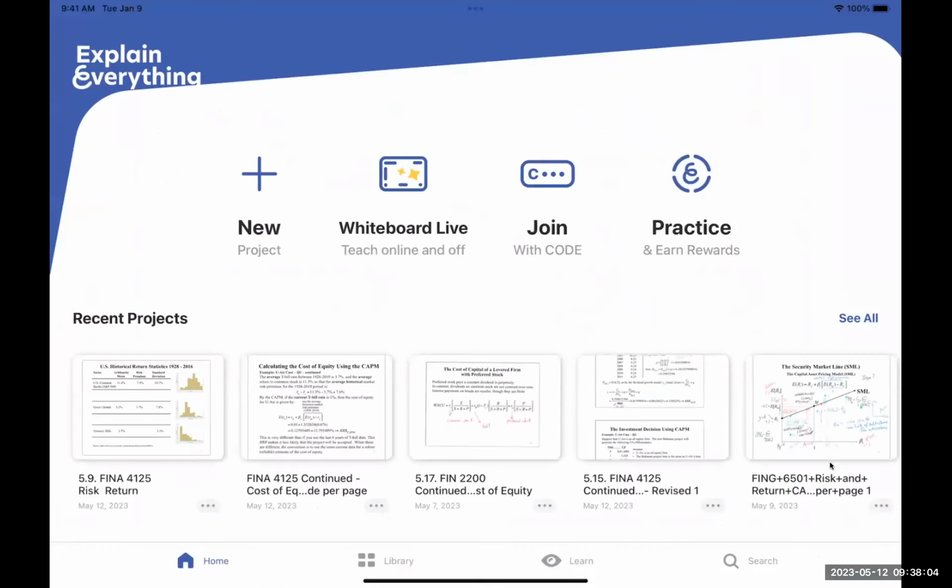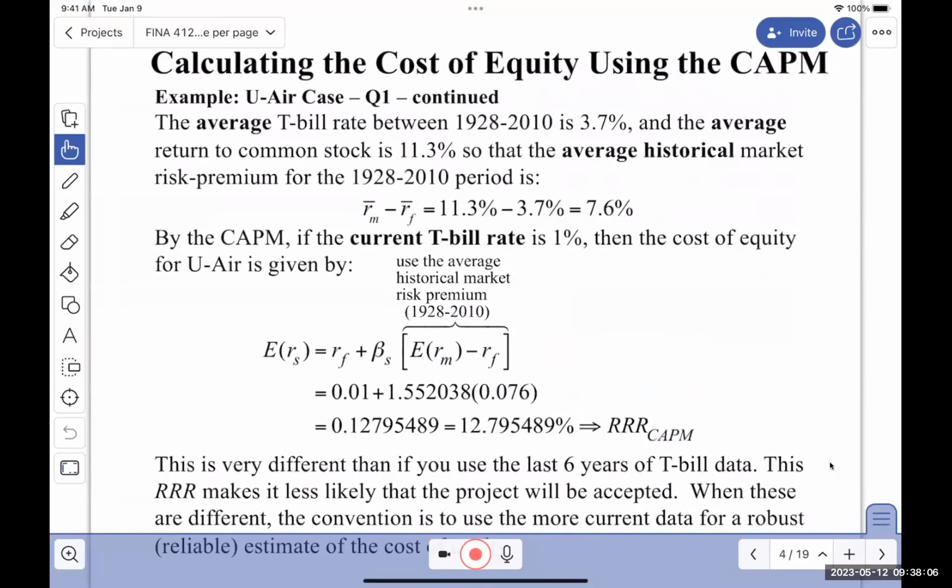So I'm putting in, for the period up until the current day, 2010 at the time, 3.7%, and for the market, 11.3. I get this as the average historical market risk premium. And now, using the CAPM, I get 12.79%.